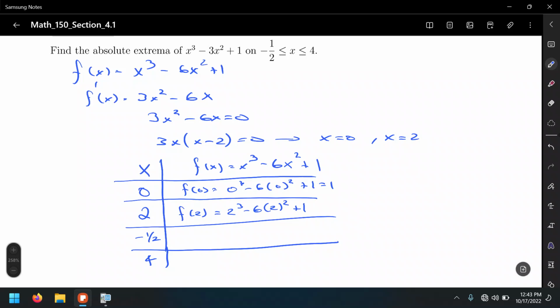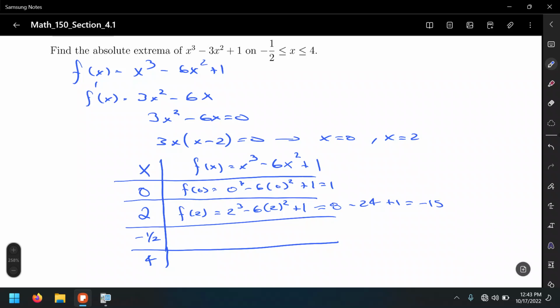Okay, let's do one at a time. 2 cubed, that's 8. And 2 squared, that's 4. 4 times 6 is 24. So that's 8 minus 24, which gives us negative 16, plus 1, negative 15.